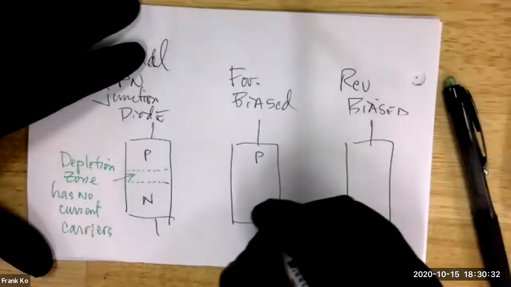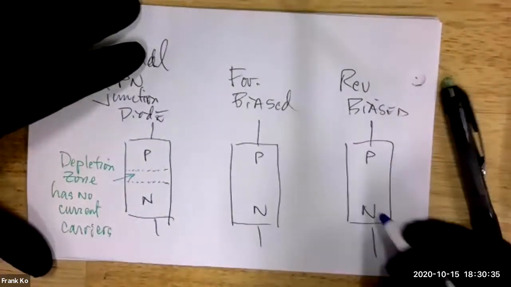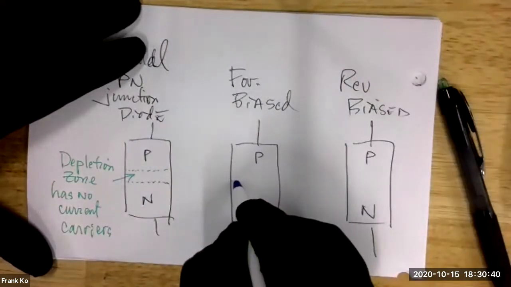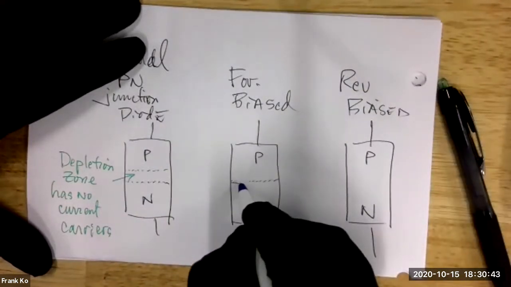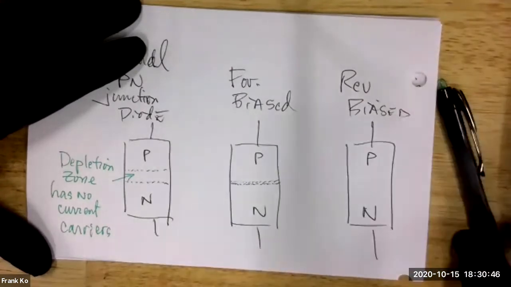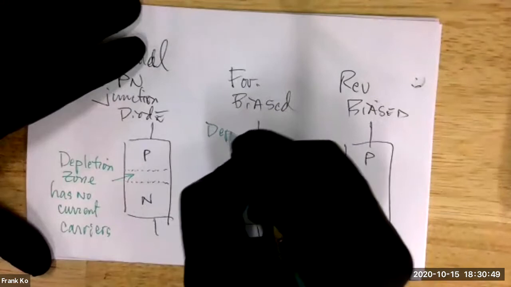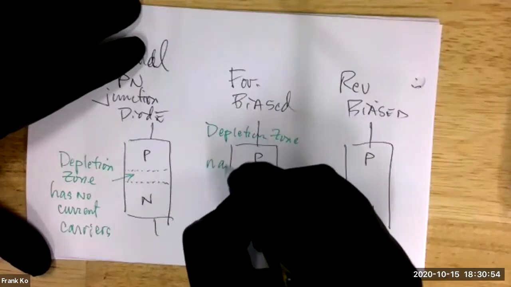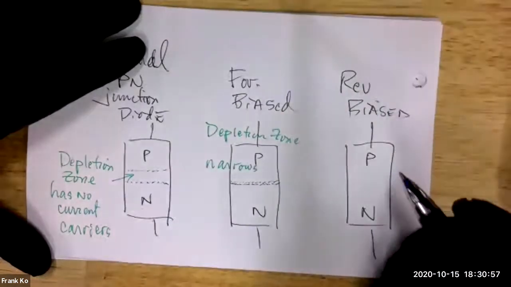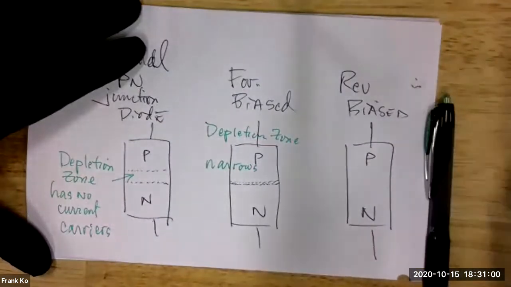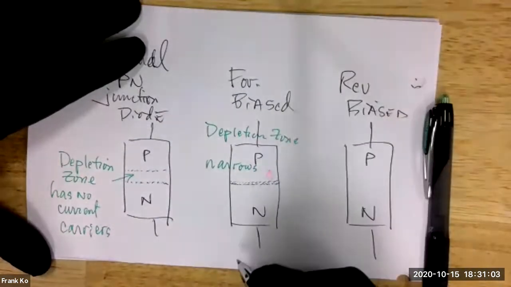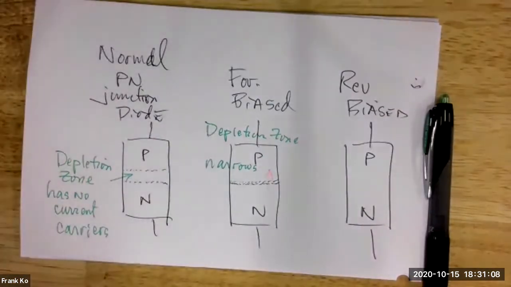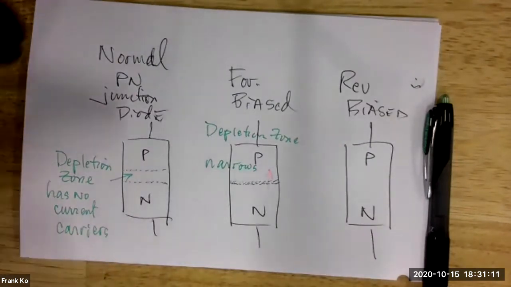I still will have P and N material, but when it's forward biased, my depletion zone narrows. When it narrows, this facilitates easier current flow. There's nothing impeding the current flow. It can narrow to the point of nothing. It acts like a barrier normally.